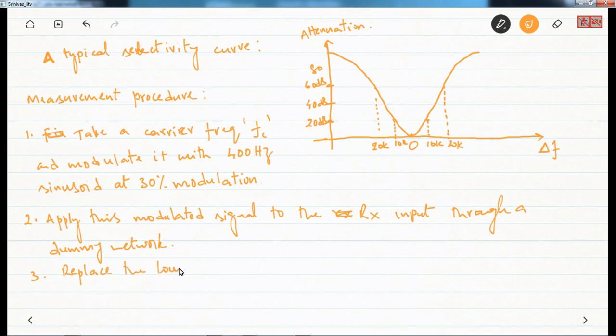Replace the loudspeaker with an equivalent load resistor. So you have applied the input frequency FC, and you measure the output signal.